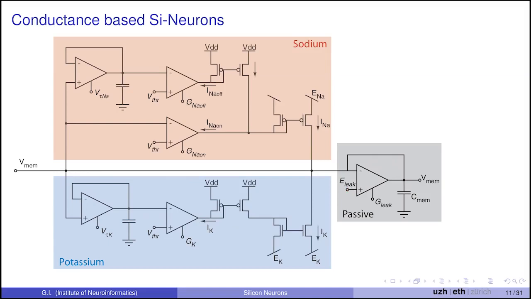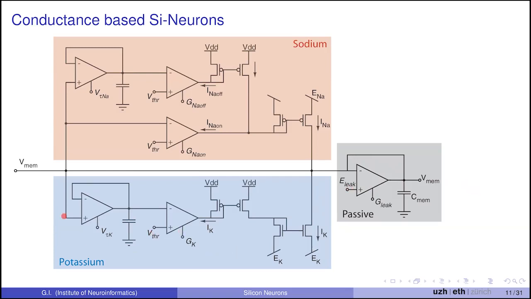to E-leak. Yes, sorry, now I can see the questions. It seems that the part of the refractory period is determined by the sodium channel, not only the potassium. So the refractory period, well, because the sodium channel switches off quickly, the only part that keeps discharging Vmem towards a negative voltage, which is below E-leak, is the potassium channel.